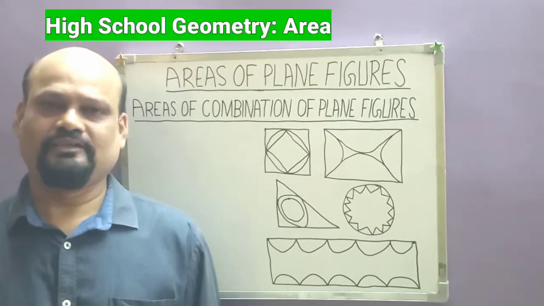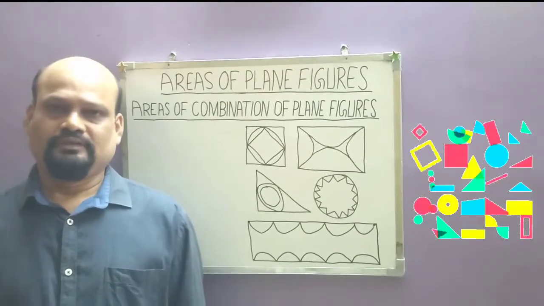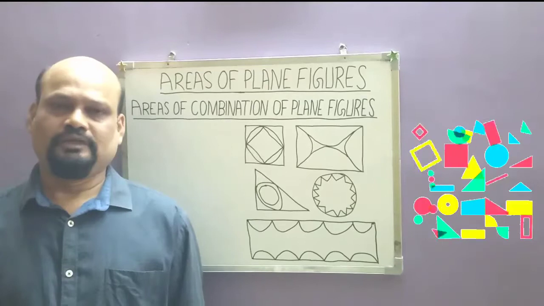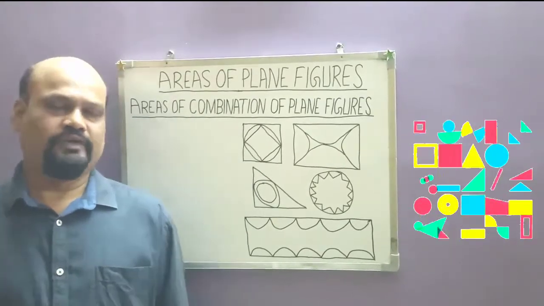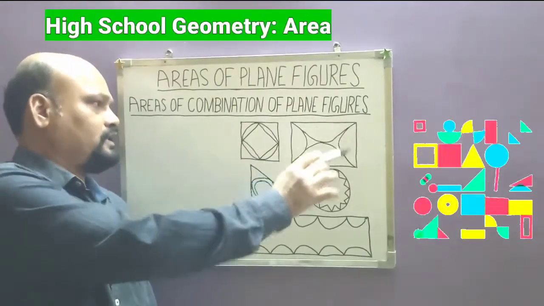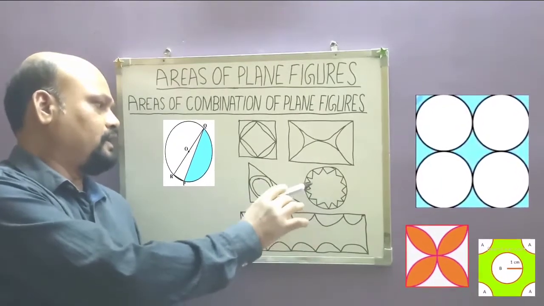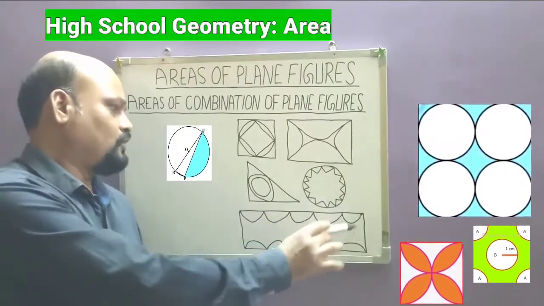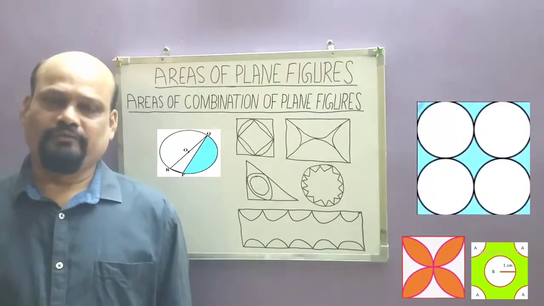Let's know how to find areas of combinations of plane figures. We know to find the areas of different plane figures separately using the formulas. In our daily life, we come across various interesting designs on floors, doors, windows, table covers, etc., which are made by the combinations of two or more plane figures.